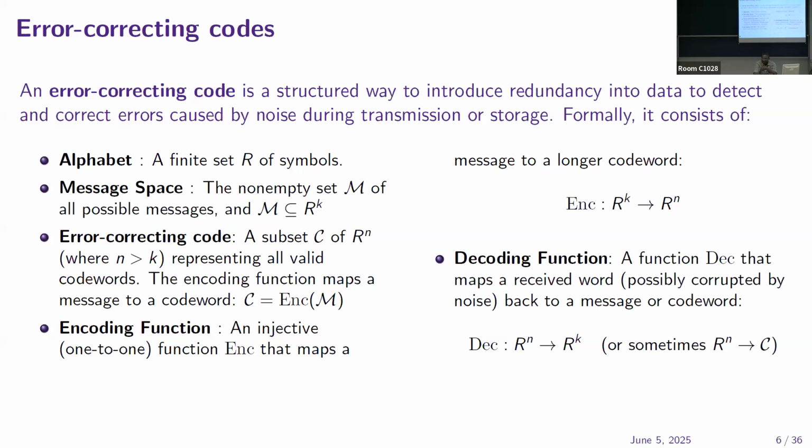Finally, we have the decoding function. The decoding function is a function that maps a received word to a message or code word. The decoding function consists of determining the original message from the received word.